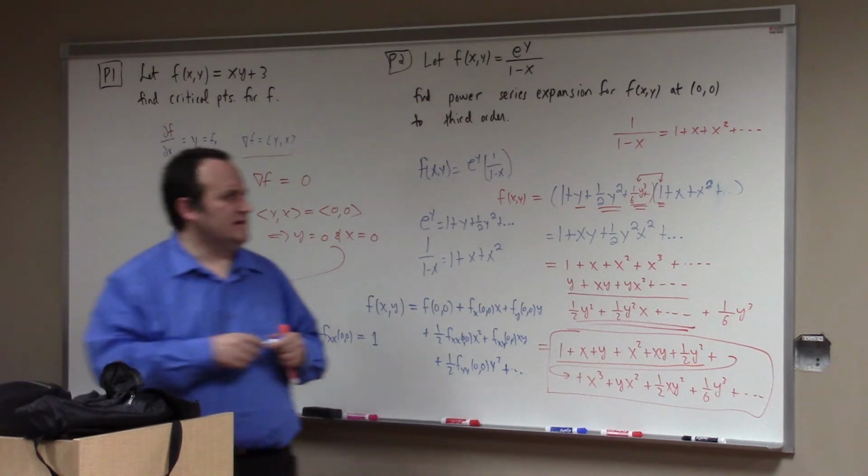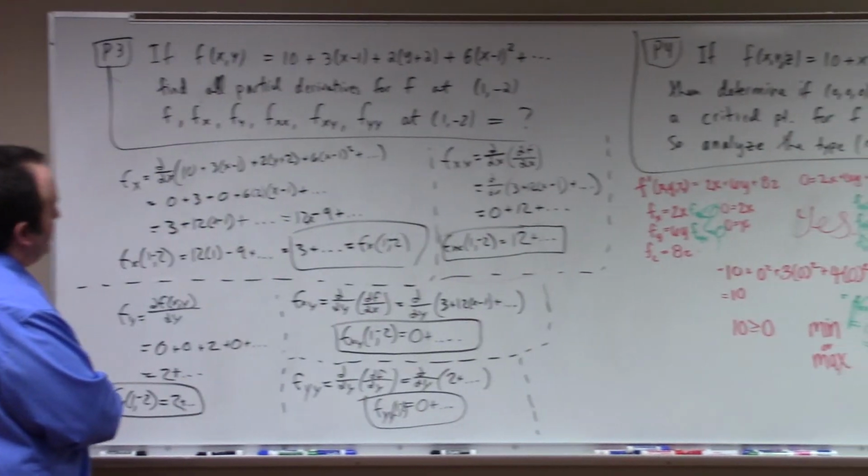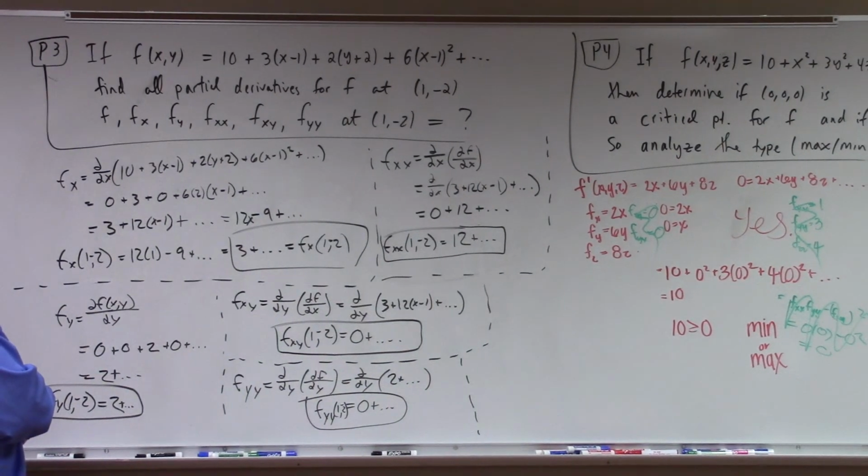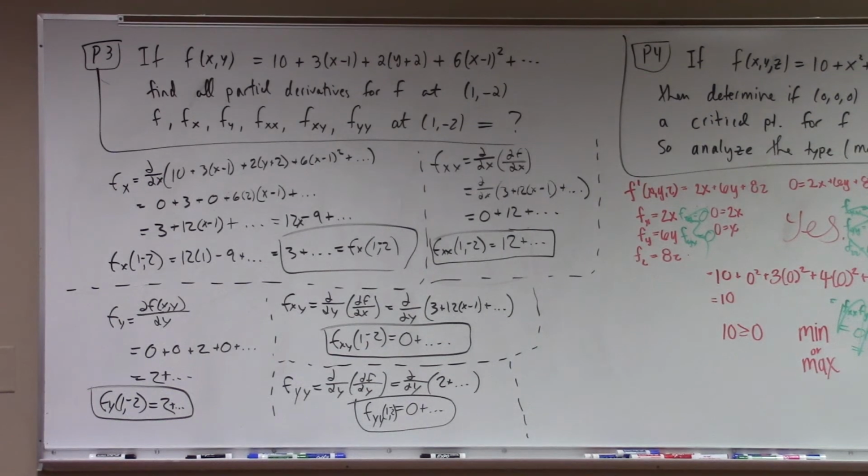Now this one here, this time I actually gave you the power series expansion about what point? About the point 1, minus 2, right? And I said calculate the partial derivatives.